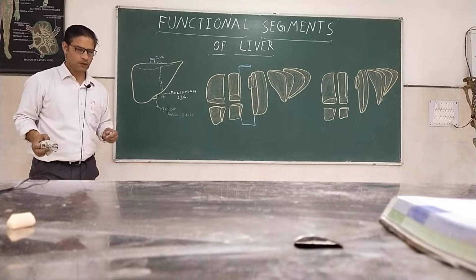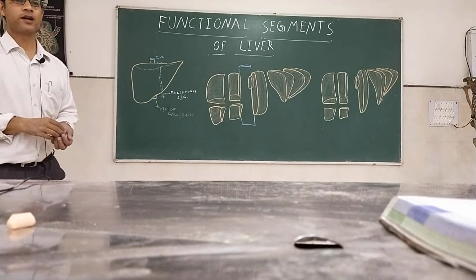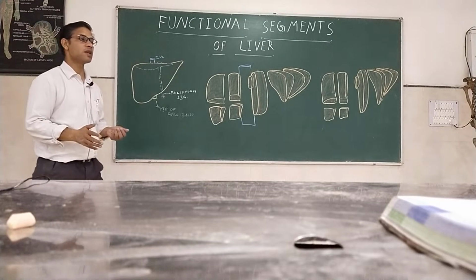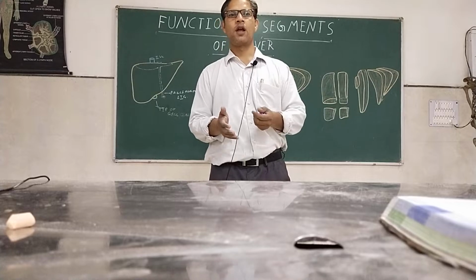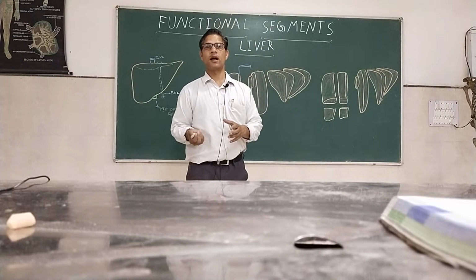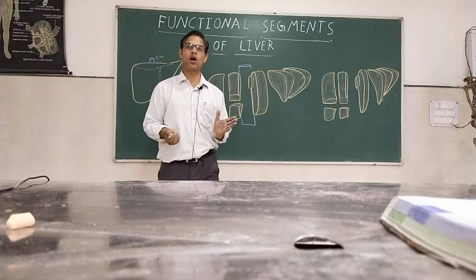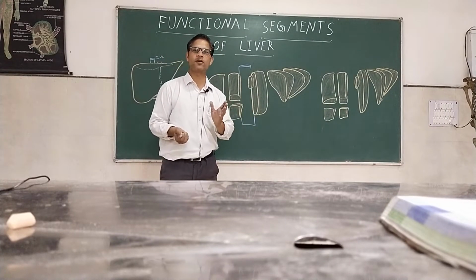Okay. Now, the segmentation of the liver is based upon some imaginary planes, supposed to be fissures, and a few visible fissures. Majorly these are longitudinal fissures which divide the liver into different parts.